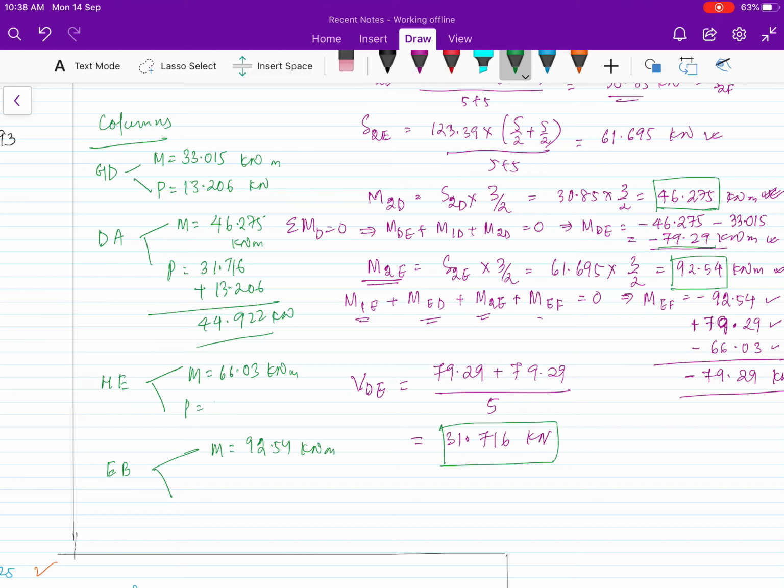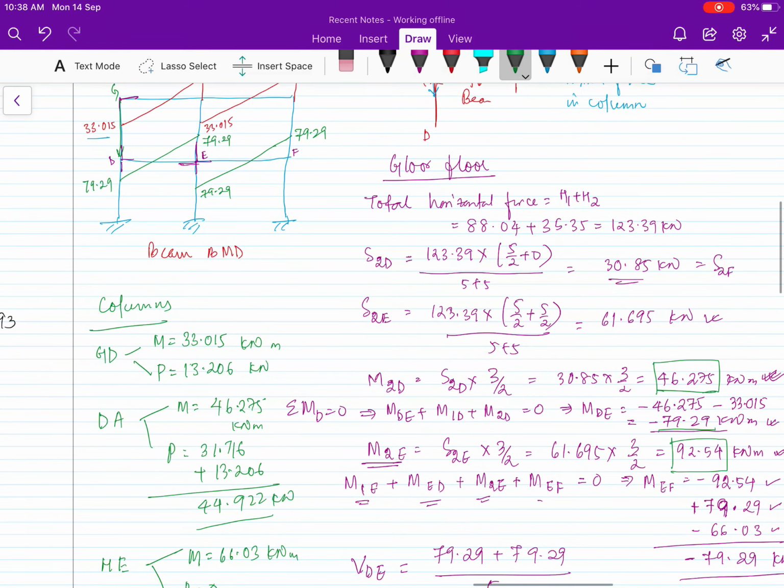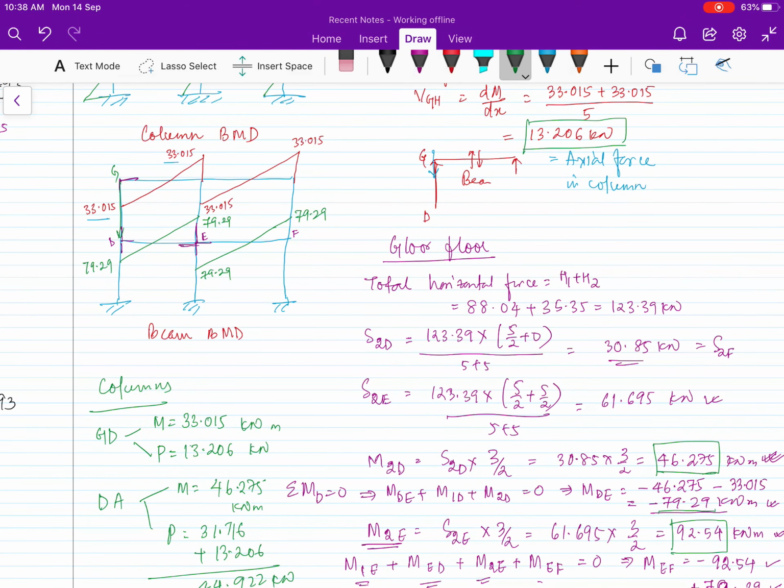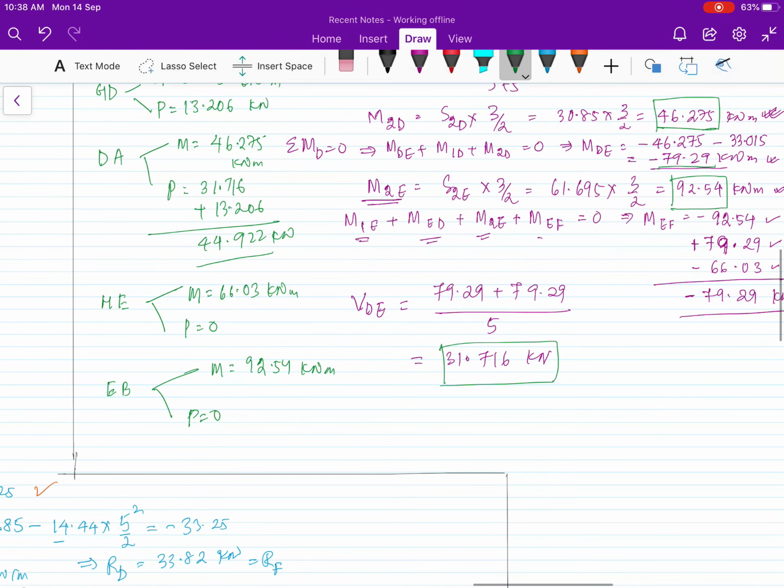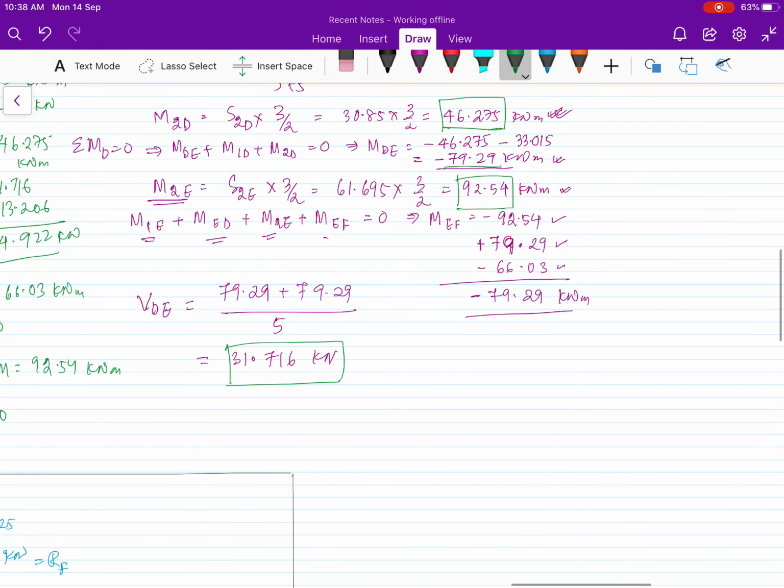Coming to the axial force, we have 0, because if you see here at the intermediate point, we have 3 points G, H, I. Okay, so we have shear here, shear here.